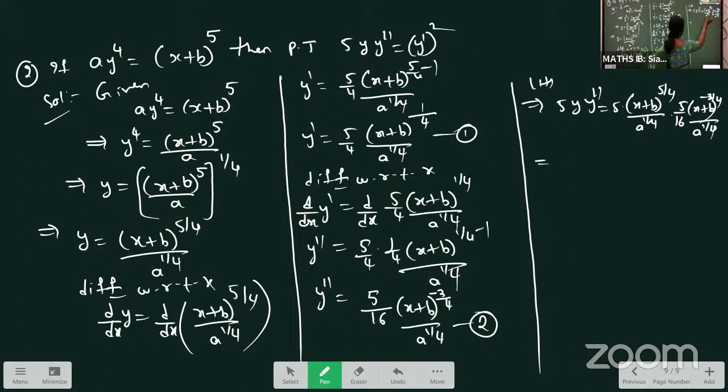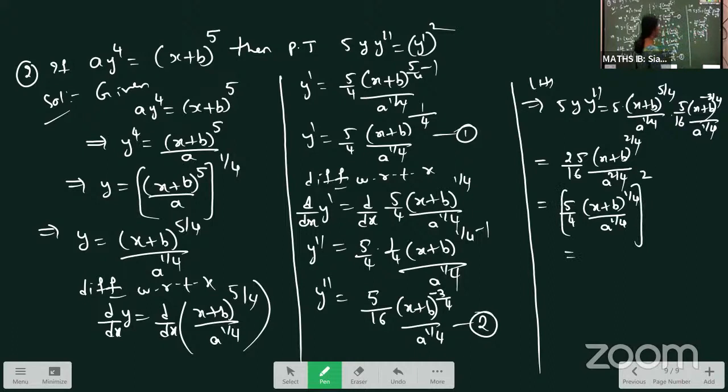So simplify: 5 fives are 25 by 16, (x plus b). Bases are the same, powers should be added: 5 by 4 minus 3 by 4 is 2 by 4. In the same way, a power 1 by 4 times a power 1 by 4 is a power 2 by 4. Just use the logic. 25 we can write as 5 square, and 16 we can also write as 4 square. So take the square common. So this becomes (5 by 4 (x plus b) power 1 by 4 by a power 1 by 4) whole square.